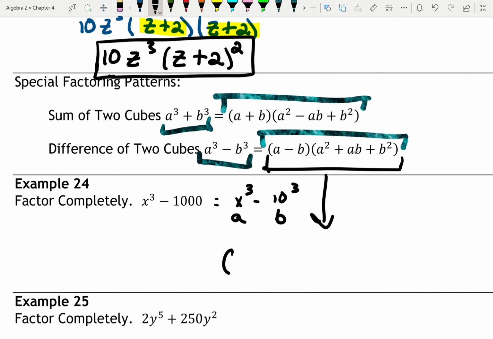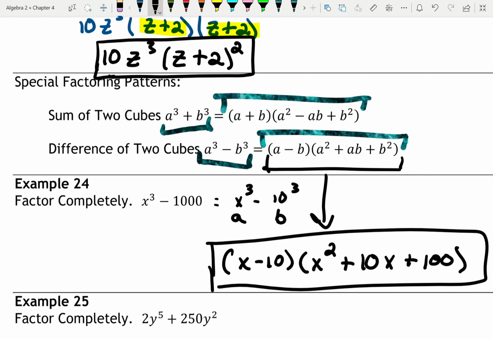And this is going to be x minus 10 and then x squared plus 10x plus 10 squared, which is 100. And that's going to be our answer to this. Okay, these aren't difficult problems.